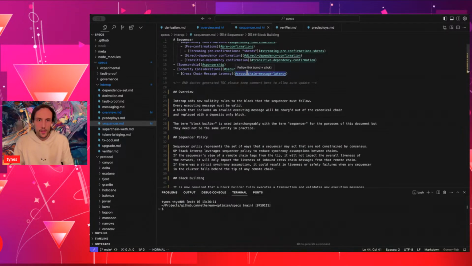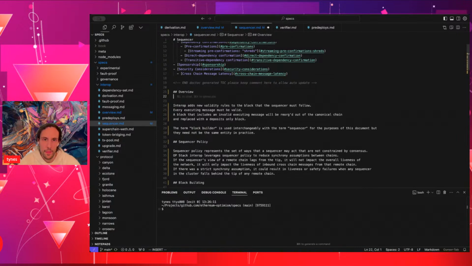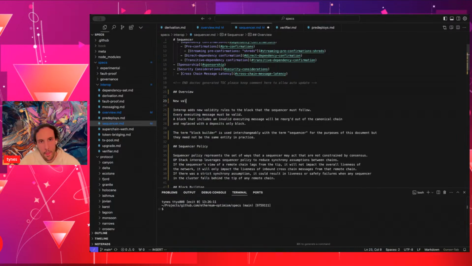Okay, so interop adds new validity rules to the block. New validity rules are added to blocks that the sequencer must follow.